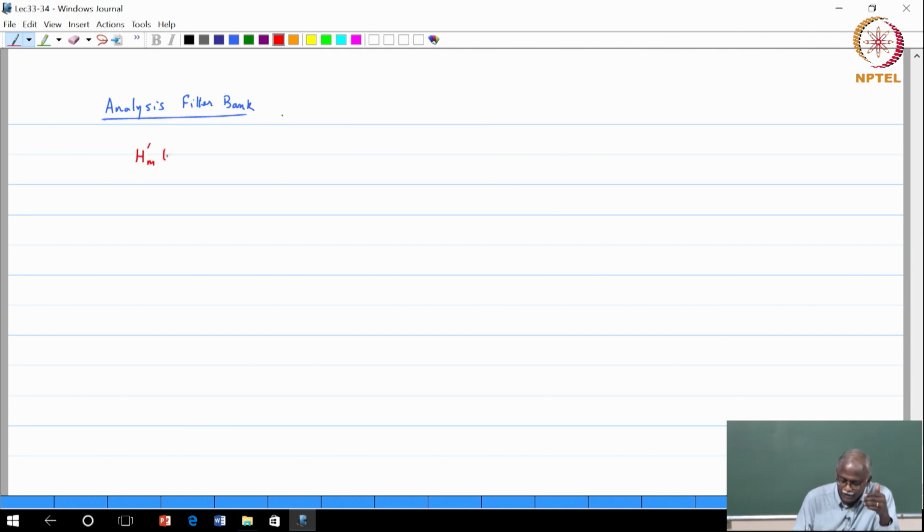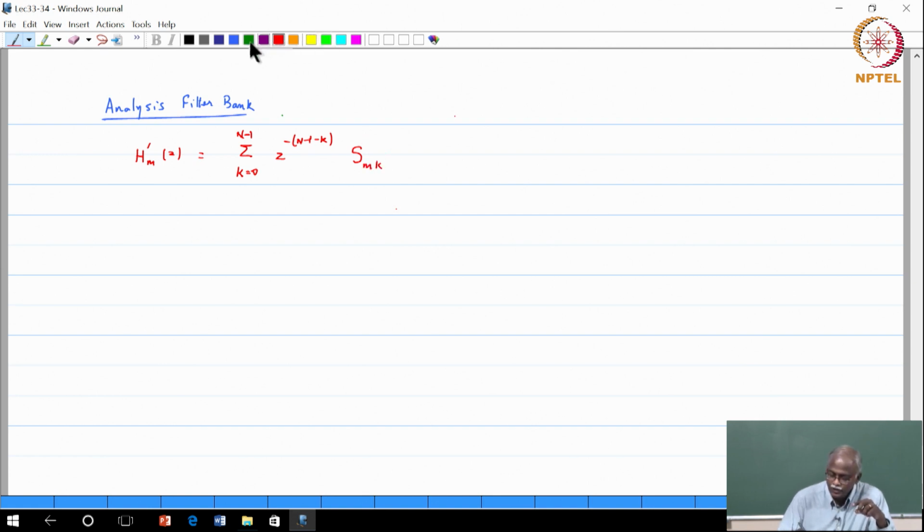H m prime of z, I am writing it as type 2 polyphase components, k equal to 0 to n minus 1. Again, remember its redundancy has been introduced to n minus 1, z power minus n minus 1 minus k, this is type 2 polyphase decomposition. I am going to use the polyphase components S m k.